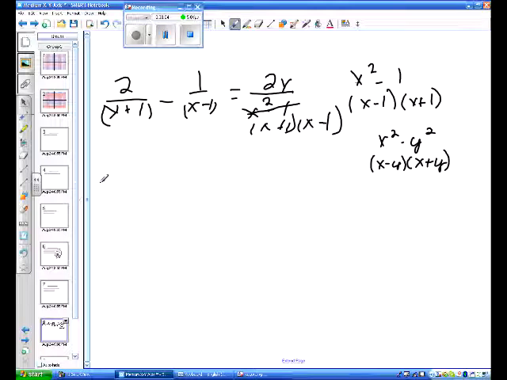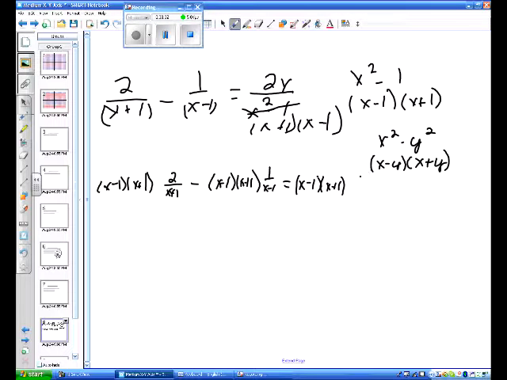So what we're going to do is we're going to go through and we're going to multiply each term by x minus 1, x plus 1, times 2 over x plus 1, minus x minus 1, x plus 1, times 1 over x minus 1, equals x minus 1 times x plus 1 times 2x over x plus 1, x minus 1. Now, we didn't limit our domain.